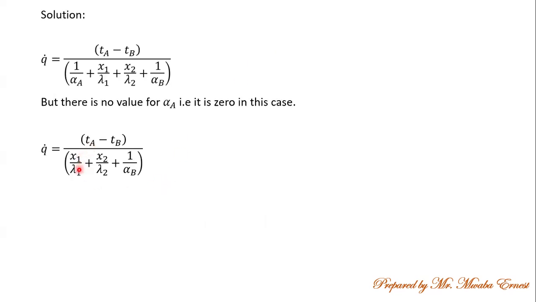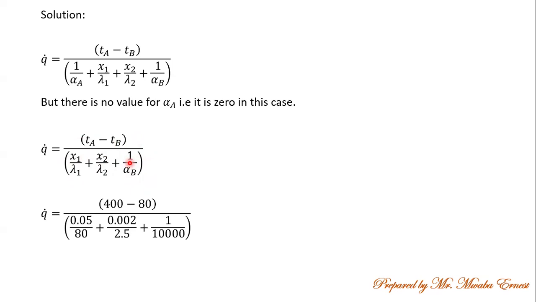Where we are supposed to have alpha A, it's a hot plate, it's a solid, there's no solution there. What we have is X1. So to avoid breaking down the formula the way you had it, I'll just get rid of the first part and leave everything else the way they are. So I have thickness 1 and going all the way to the other end. So the starting temperature and the final temperature remain like that. Then here, all these, they have what they're representing.